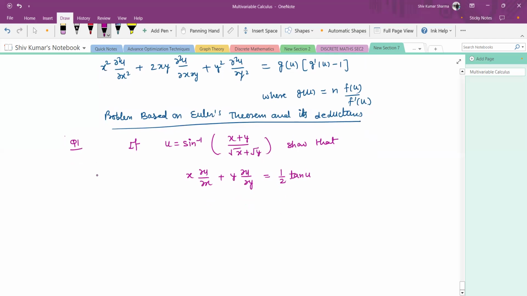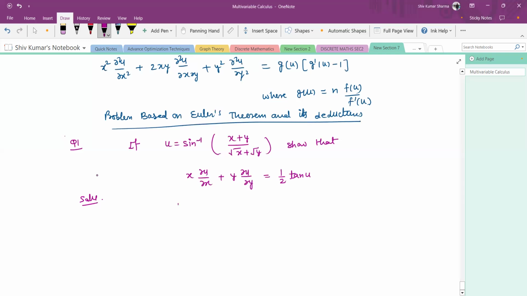Okay, so here an inverse function is given. When an inverse trigonometric function is given, we cannot find the degree of the homogeneous function directly. For calculating the degree of a homogeneous function, we will rewrite this in this form.